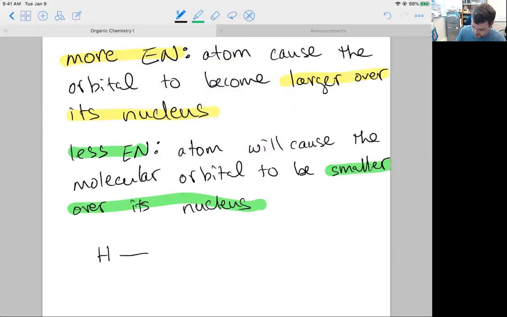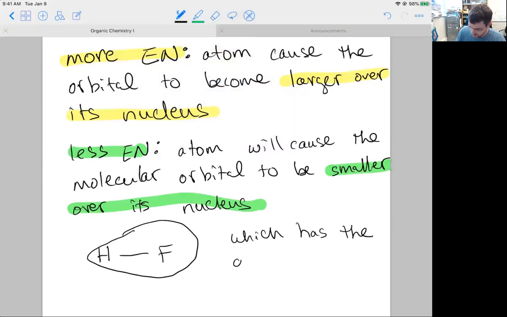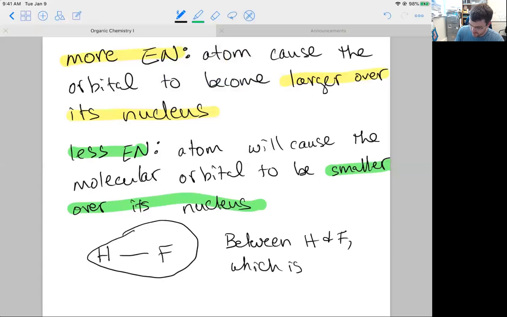We have H and F. Let's say it this way, this is a better way to phrase this. We have these two atoms, H and F, which is more or less electronegative?